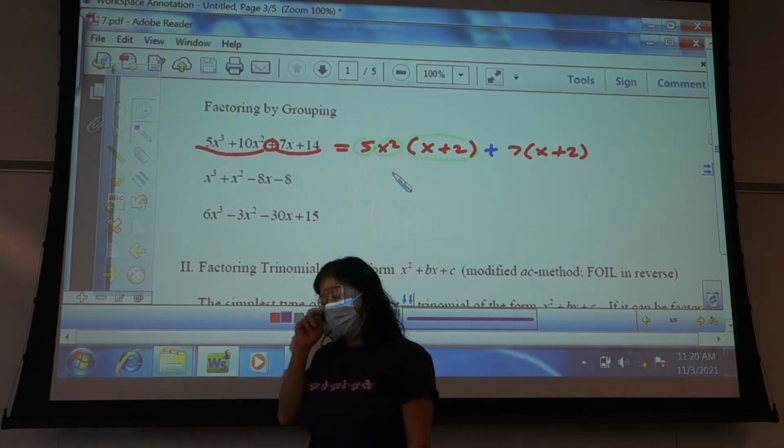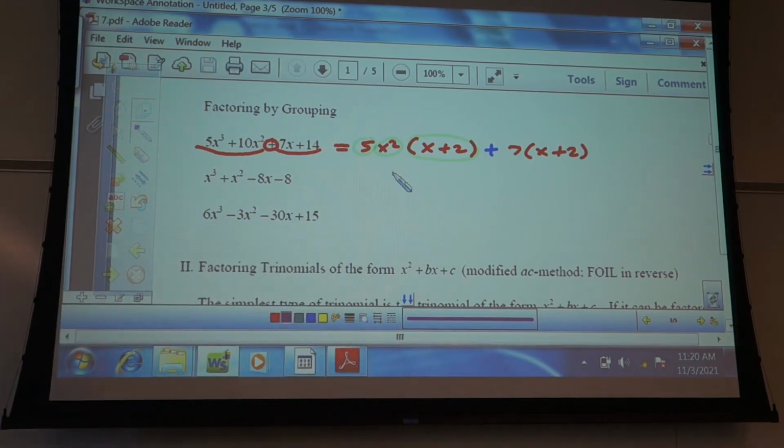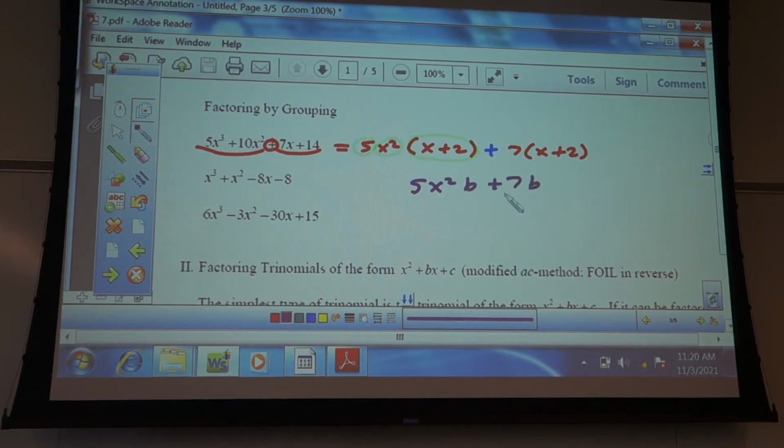If it were this, people would feel a lot better. If it was 5x squared b plus 7b, then you folks would feel great about pulling the b out and making that into b times 5x squared plus 7. Correct?